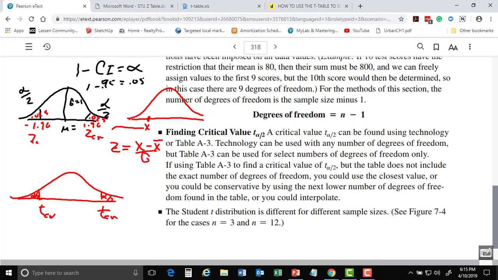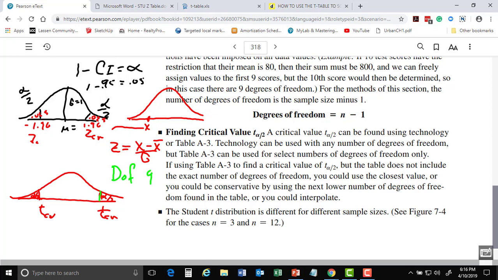Okay, so now let's try the table. So this is A3. So how much do we have in the tail? Well, they want what degree confidence? 10 minus 1. Where's that? Oh, no, that's degree of freedom. So our degrees of freedom is going to be 10 minus 1, or 9, okay?